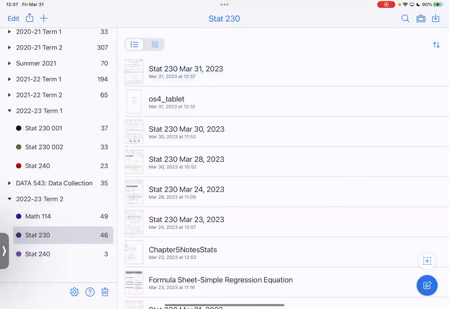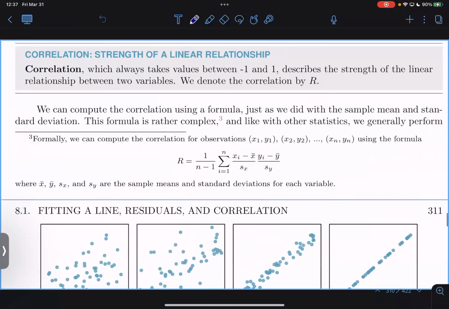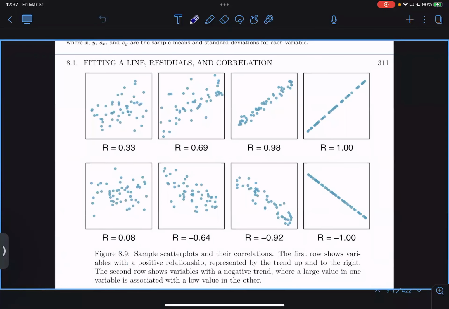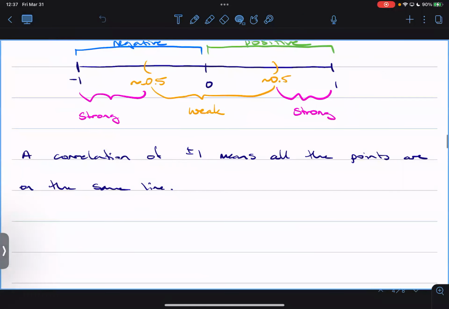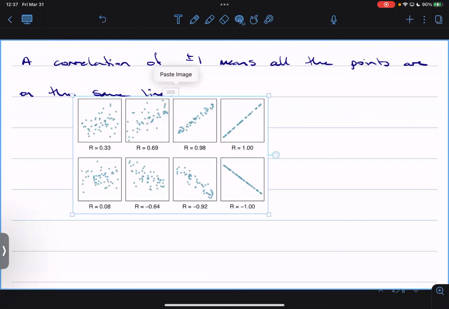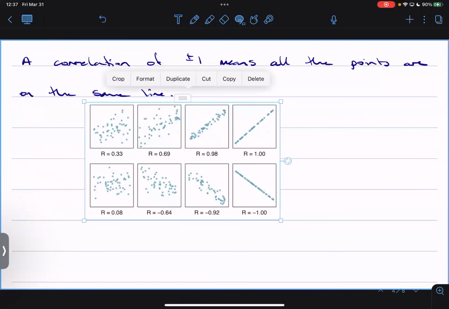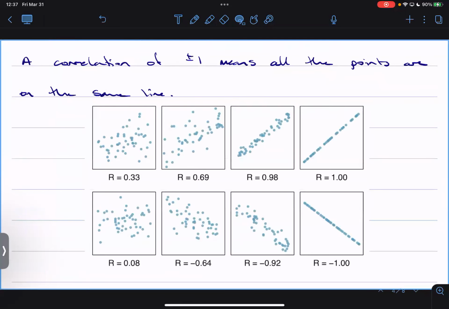Let's have a look at some examples here. Let's grab this. Just to get a feel for what these all look like. Okay, so here we have linear relationships across the board, so that's good.